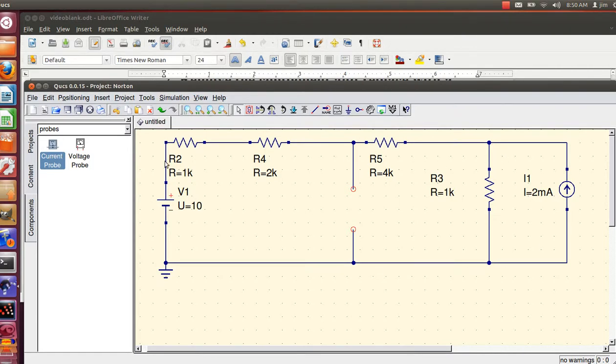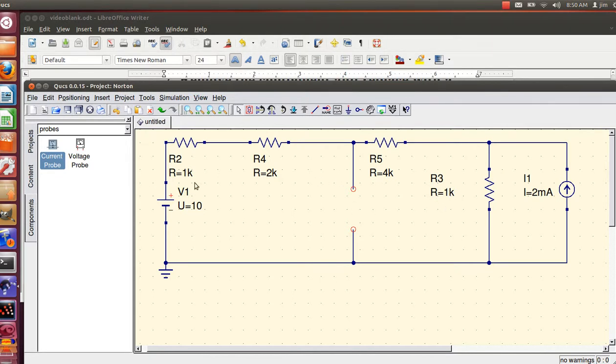This current source I'm going to open up, so I'm going to effectively remove it, giving me no current path, which means my network has to go through this resistor. It'll be like this part right here is not even in the circuit. Over here, my voltage source is going to be shorted out, so it's like it's not there. So essentially what I've got is a 2K in series with a 1K, and that is going to be in parallel with a 4K in series with a 1K.